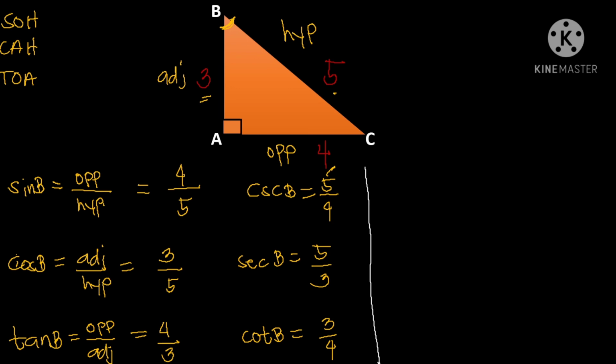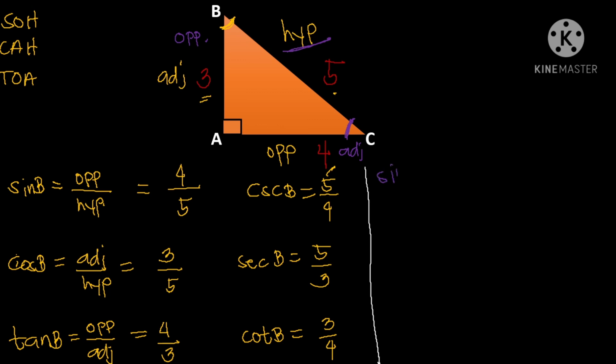Paano naman po kapag ang reference natin ay nasa letter C or angle C? So, same pa din yung magiging hypotenuse natin, which is 5. Ang magiging opposite side na natin ay etong 3 na po. So, ang adjacent side natin ay etong 4. So, identify natin yung 6 trigonometric ratios natin.